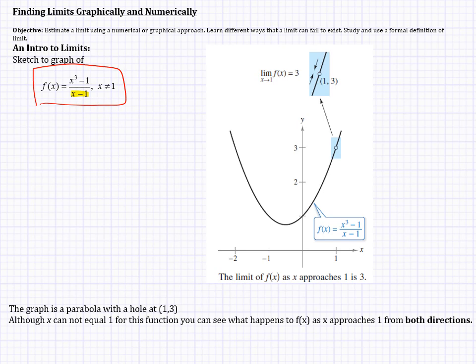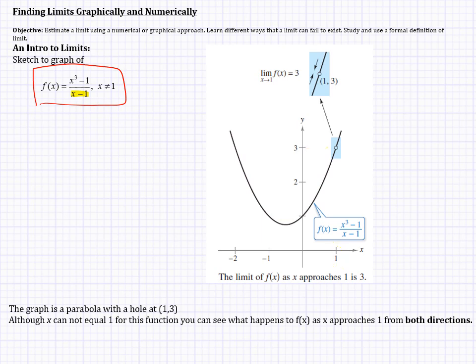And we have this parabola shape to this graph, where we have a hole here, and that hole is occurring where the x value is 1. Specifically, the y value is 3. So this point (1, 3) is a deleted point from this graph. Call it a removable discontinuity, hole, whatever you want to call it.